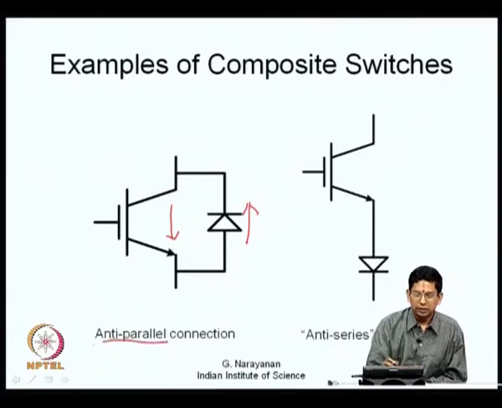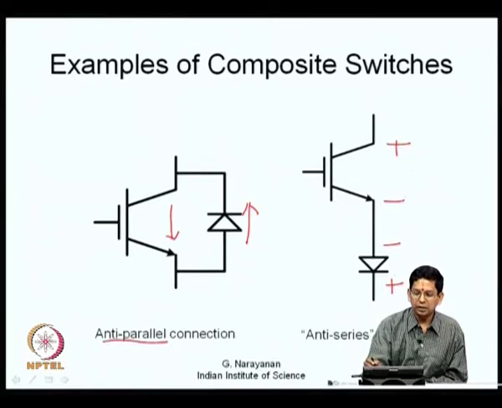Now, similarly, consider this example. When this transistor is off, it will be able to block a potential where the collector is positive with respect to its emitter. But the diode in the off condition may be able to block a potential where its cathode is positive with respect to anode.